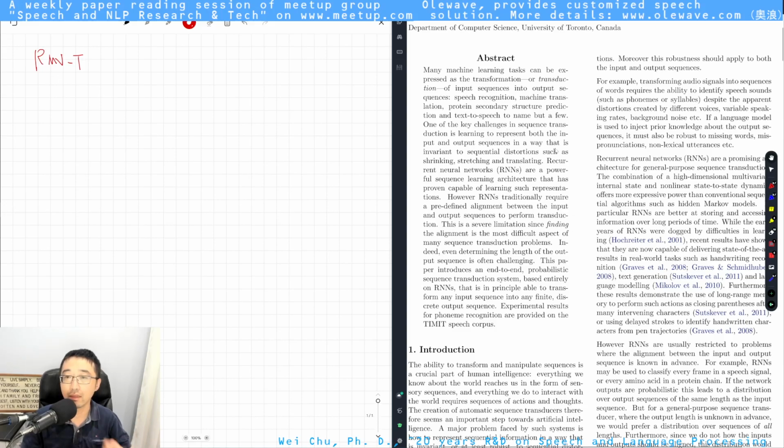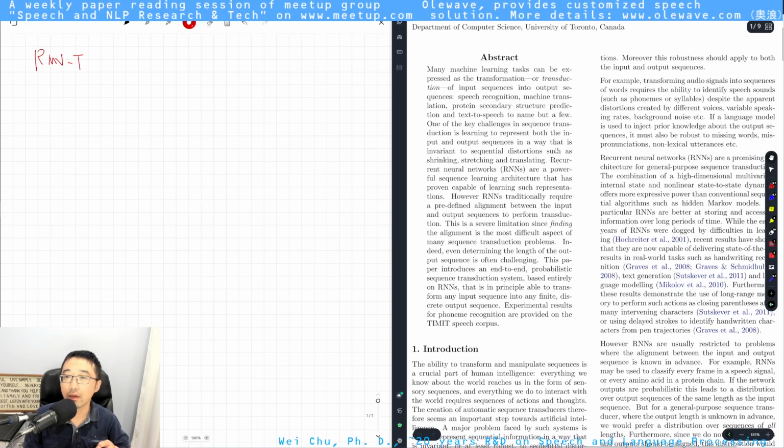The key challenge in this is how to learn to represent both the input and output sequence in a way that is invariant to sequential distortion. So what is a sequential distortion? In speech, I can say a sentence like, how are you, at normal speed, but I can also say it very fast.